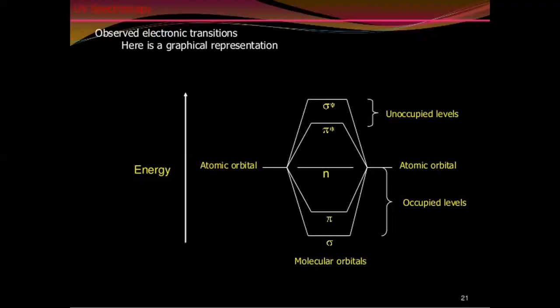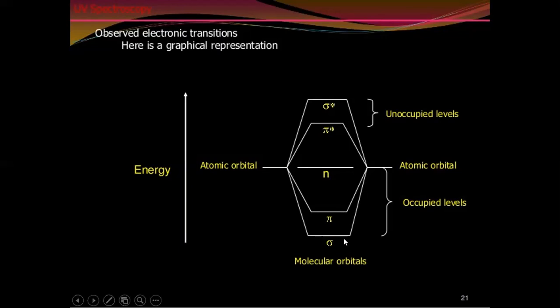The electronic transition that occurs from the low energy bonding sigma orbital to the high energy anti-bonding sigma star orbital is called the sigma to sigma star transition.